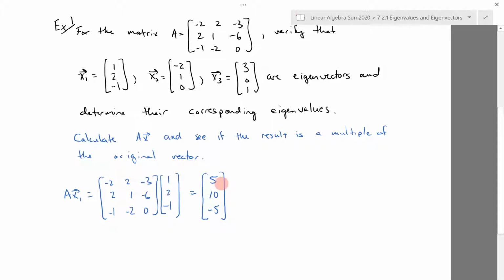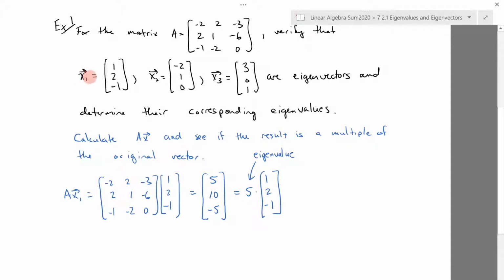Okay, so this is the result of the matrix multiplication, and now I need to compare the resulting vector with the original vector and see if it's a multiple. You can see that every entry is a multiple of 5. So this resulting vector is 5 times the original vector 1, 2, minus 1. And so this multiple here is the eigenvalue for this eigenvector.